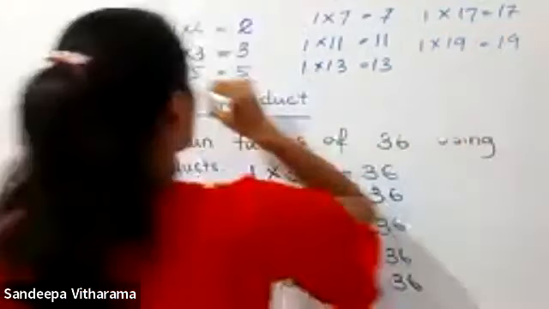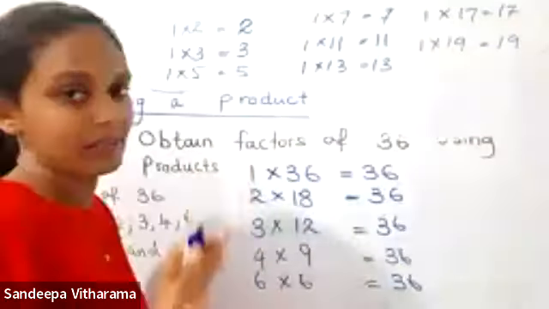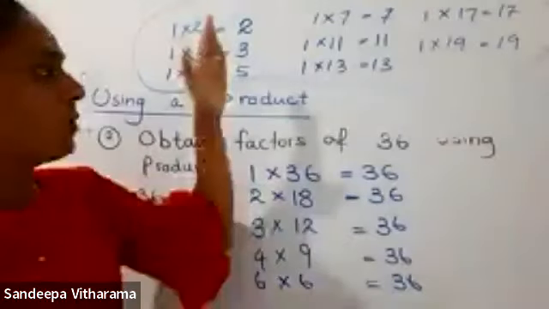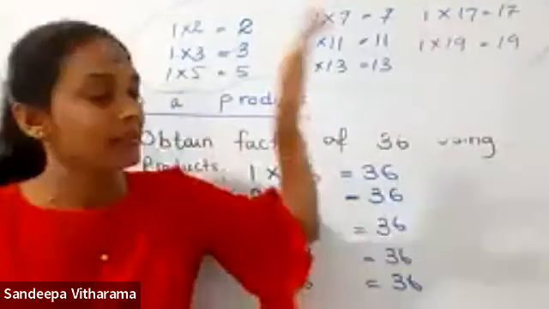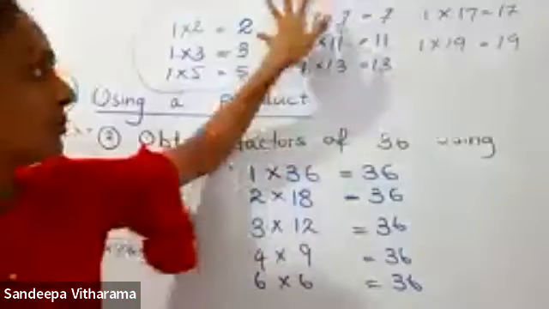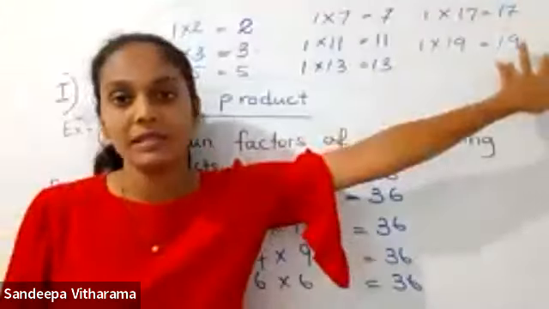These are the prime numbers. Sorry, not prime factors, prime numbers. Between 1 and 20 there are only 8 prime numbers: 2, 3, 5, 7, 11, 13, 17, 19.